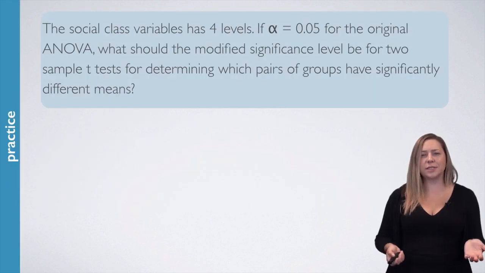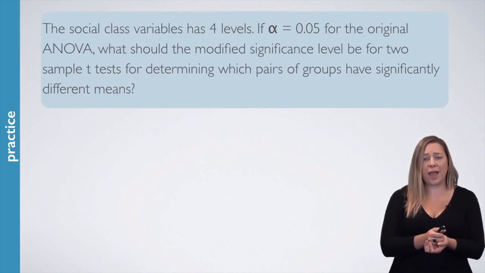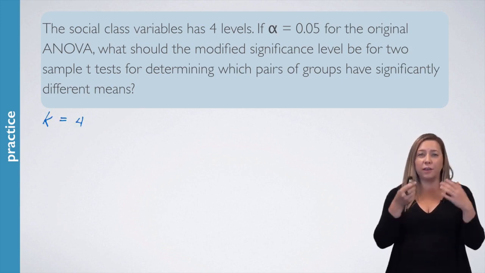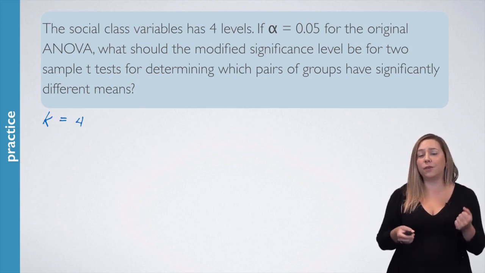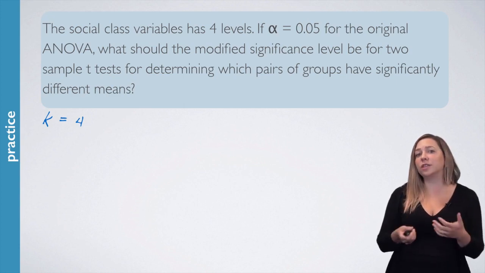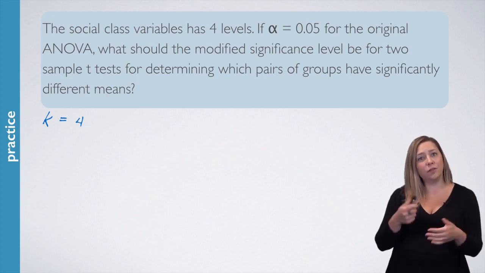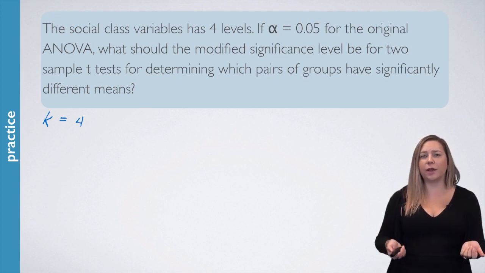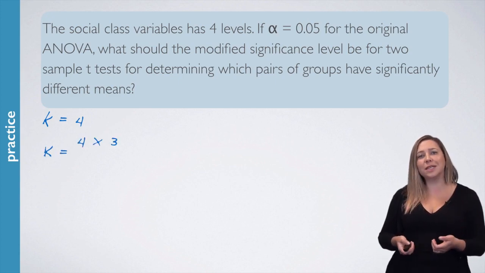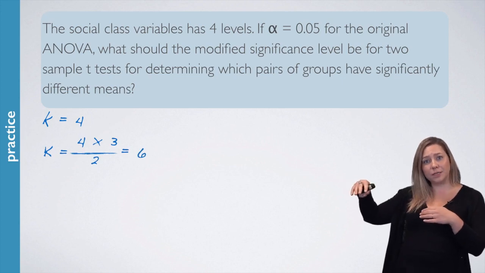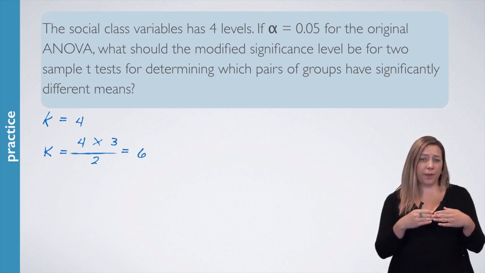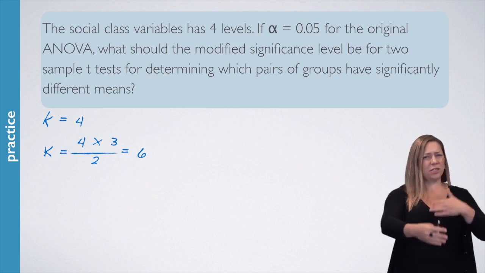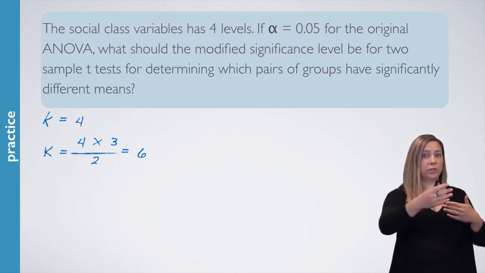Let's practice this. The social class variable we have been considering has 4 levels, that is k equals 4, and if the original alpha was 0.05, what is going to be the modified significance level for the multiple comparisons tests? Each group needs to be compared to 3 other groups, resulting in a total of 12 comparisons. But if you've already compared group 1 to group 2, say middle class to lower class, you don't need to go back around and compare lower to middle again.